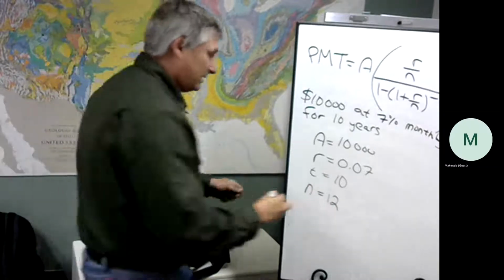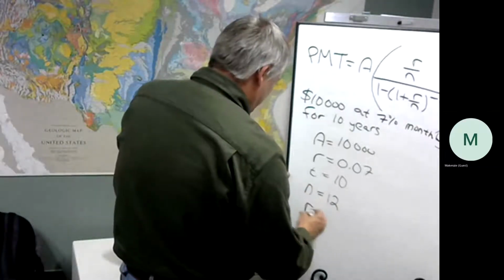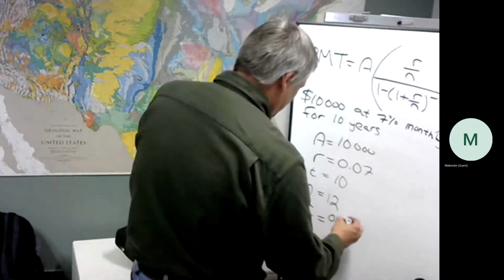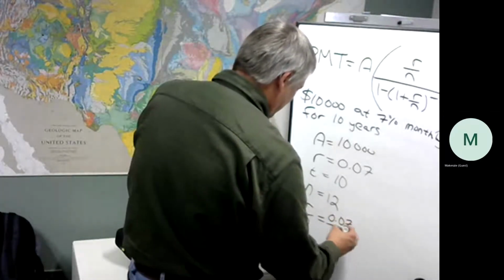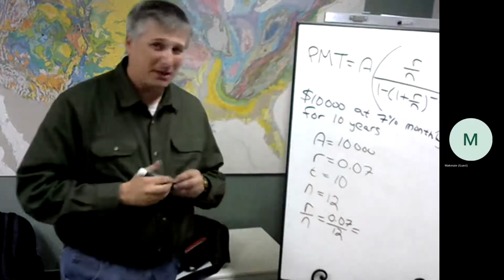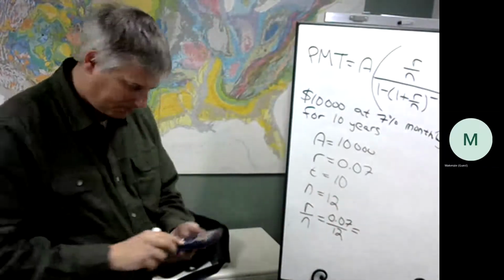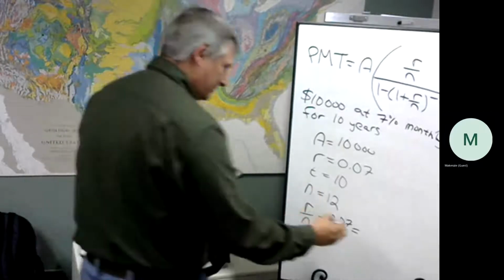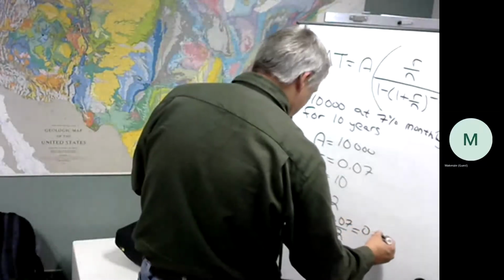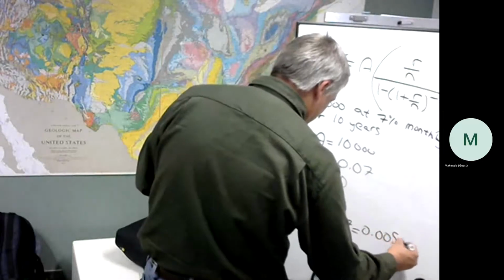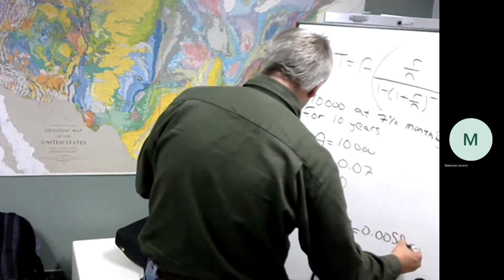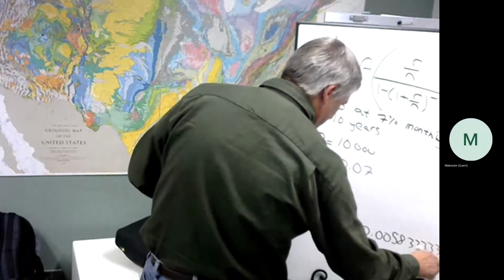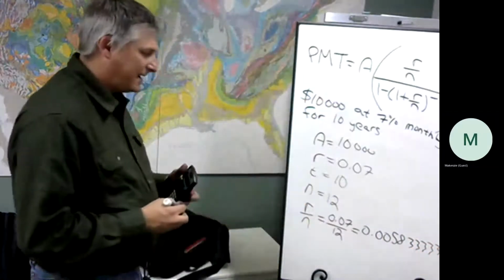So R over N. That'll be 0.07 divided by 12, and we're going to get a bunch of decimal spaces. We're going to get that.